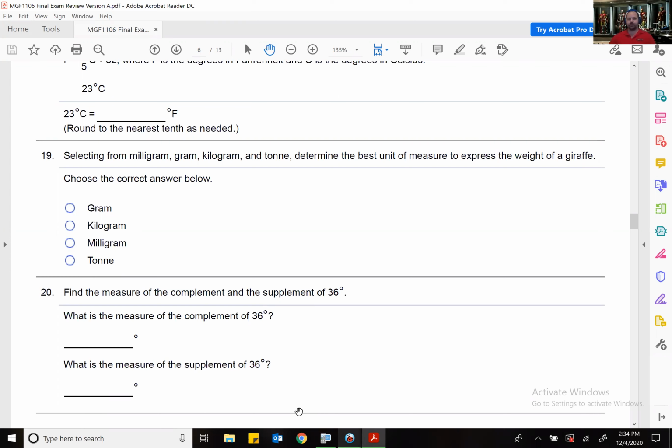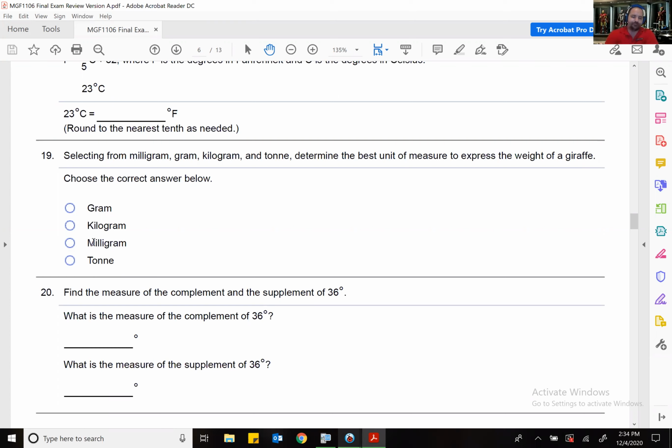If we're thinking about some of these other things, let me start with the milligram. A milligram would be like a feather. Or pills, like pills that you take when you got headaches. Those are measured in milligrams because they're very, very light.